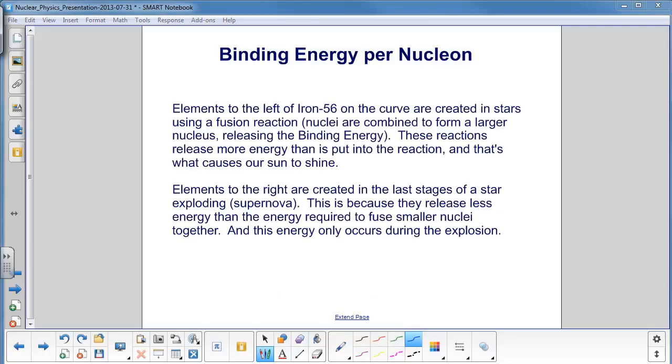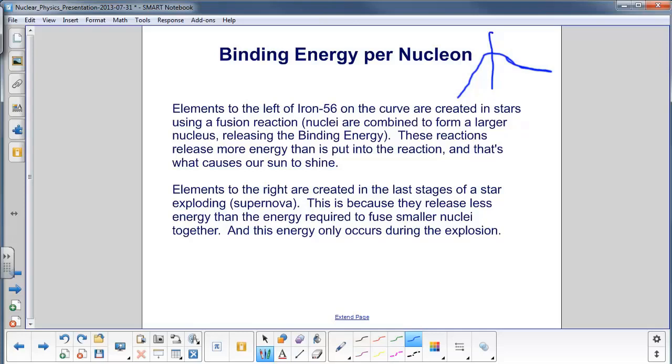The significance of the binding energy per nucleon curve, remember, it kind of rose like this. I'm leaving out helium, and then it started going down right after nickel, around the nickel area, iron, etc. And helium peaked here and then came down. Elements to the left of iron 56 are created in stars using a fusion reaction. More about that later.